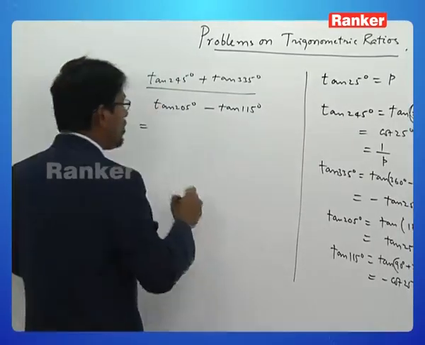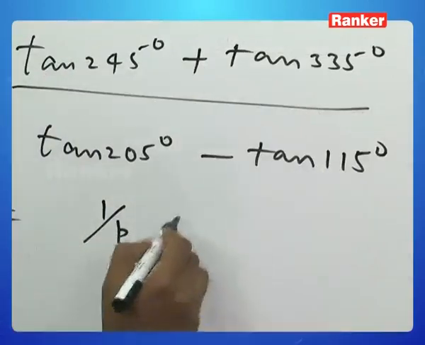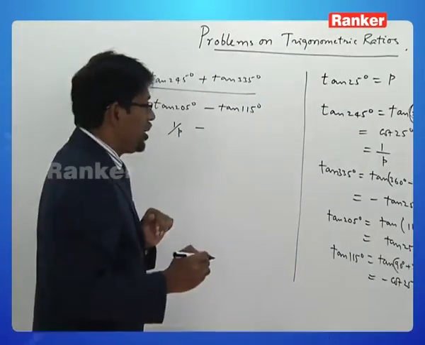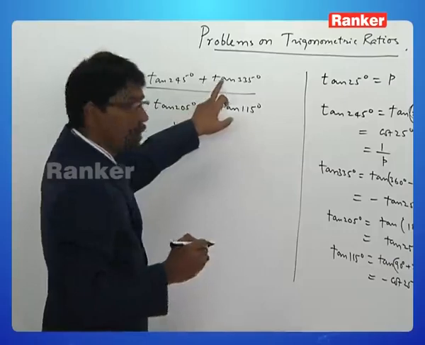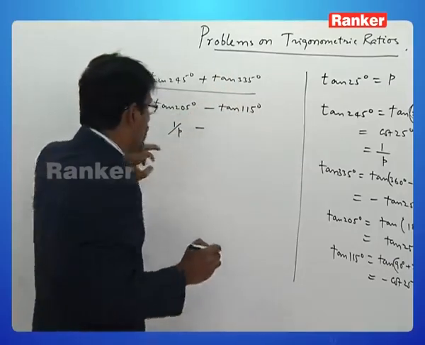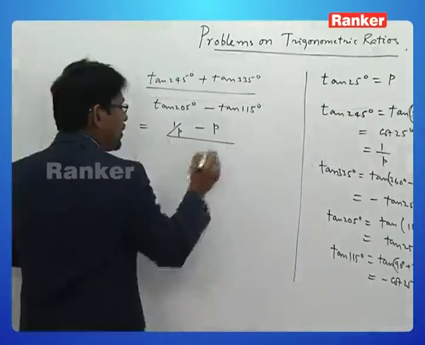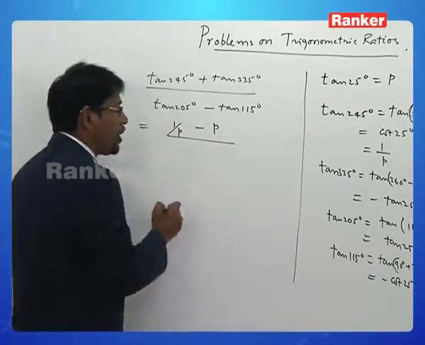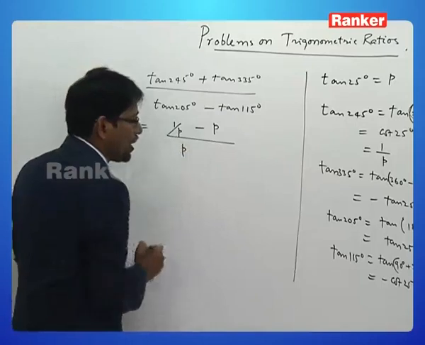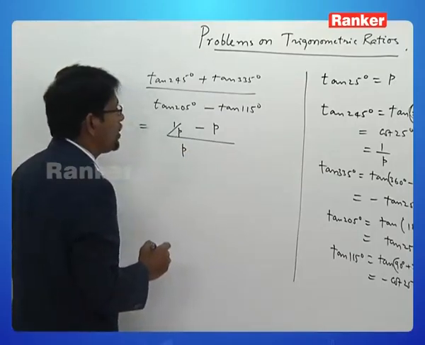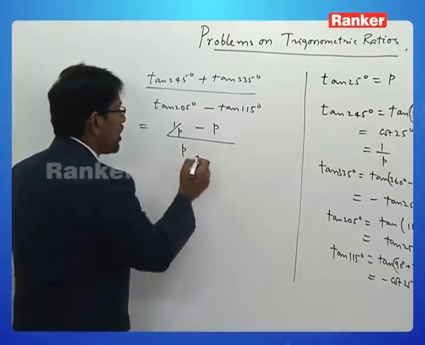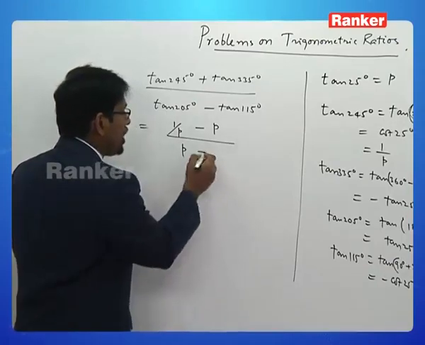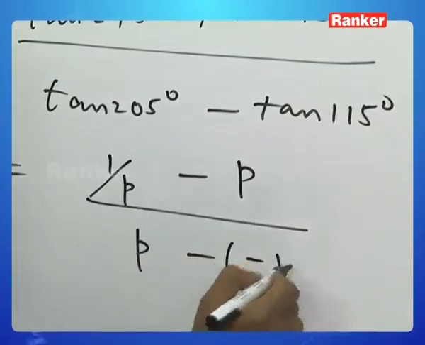Tan 245 is 1/P, plus tan 335, what is that? Minus P. Tan of 205 came out to be P, and tan of 115 comes out to be minus 1/P. Minus of minus makes it plus.